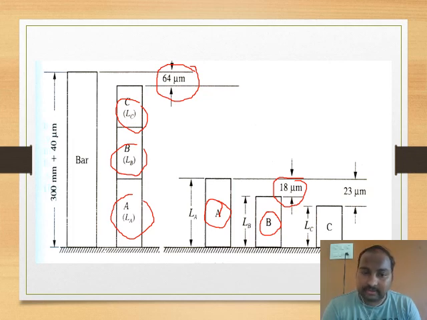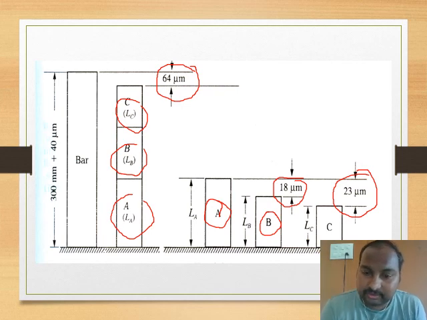When comparing LA with LC, LC is shorter by 23 microns. So let me call these X1, X2 and X3. You can write it in terms of three equations and simplify it. You get the final answer, what is LA, LB and LC. The same procedure you have to follow. I have shown it for the 2 bars, solve it for the 3 bars.